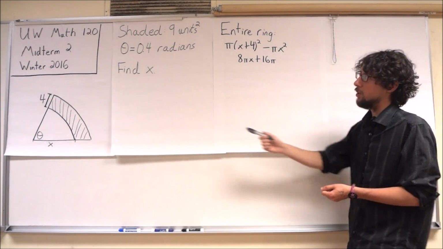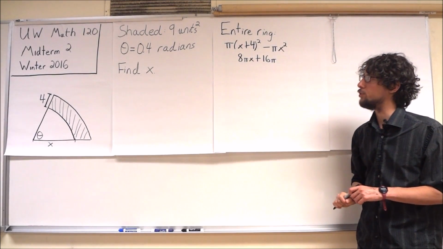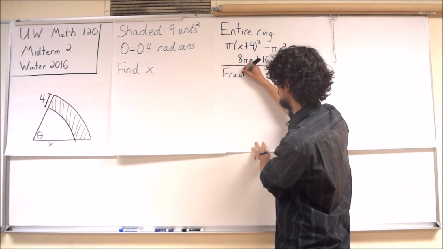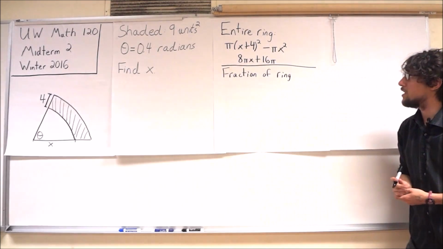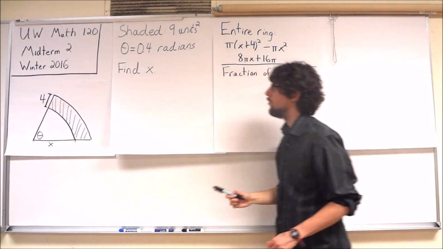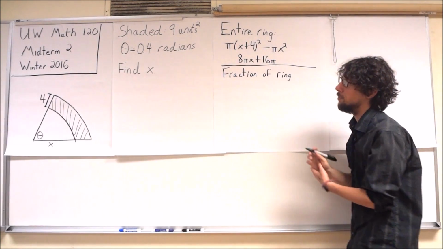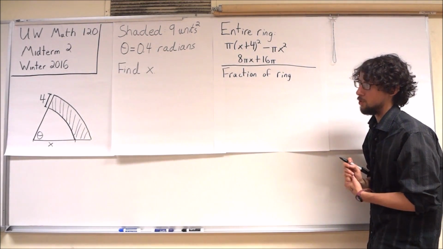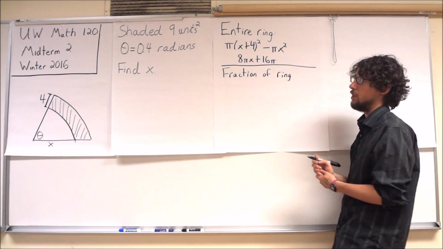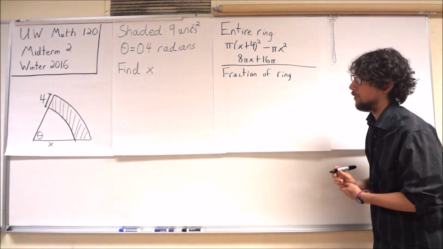But we're actually only looking at theta is 0.4 out of the possible 2 pi radians. So I can express the area of this shaded fraction of the ring by taking the entire ring and multiplying it by the proportion that we have, which will be 0.4 over 2 pi.